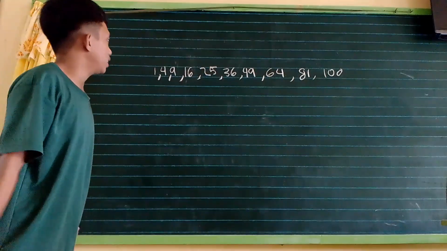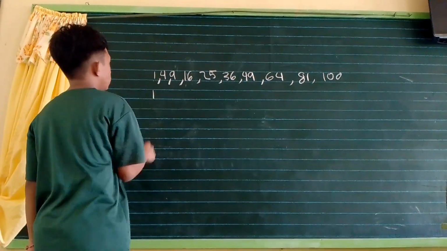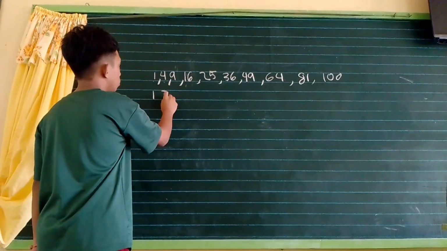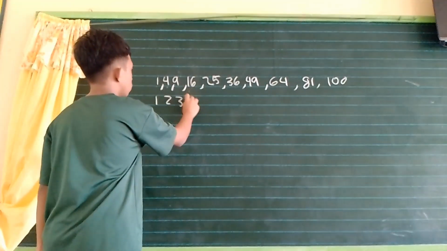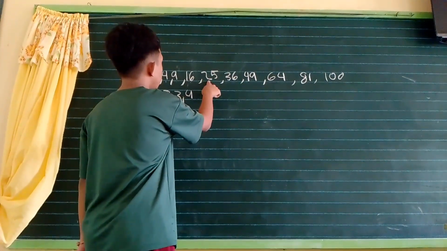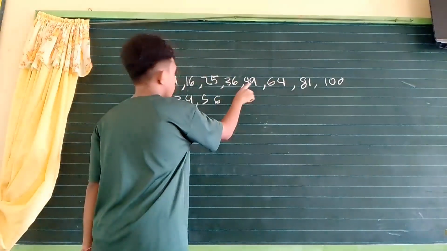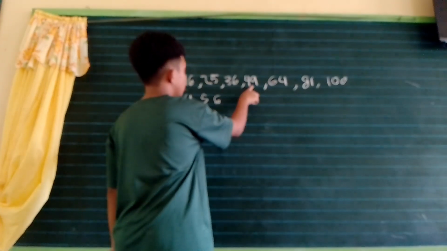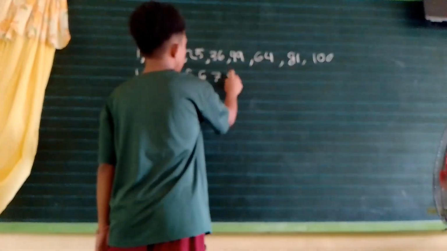What I mean by that is the square root of 1 is 1. The square root of 4 is 2. The square root of 9 is 3. The square root of 16 is 4. The square root of 25 is 5. The square root of 36 is 6. The square root of 49 is 7. The square root of 64 is 8.